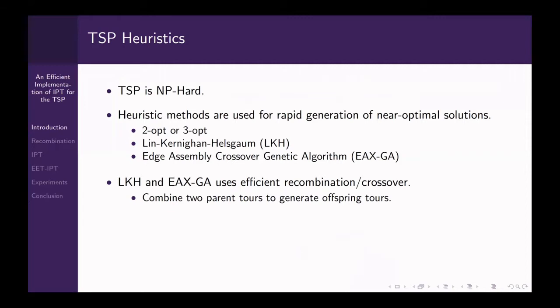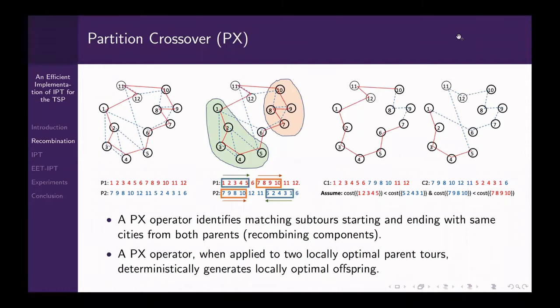So crossover or recombination is an important part of these heuristics. Over the years, researchers have proposed different crossover operations for the traveling salesman problem, and one such popular crossover operation is called the partition crossover operation.